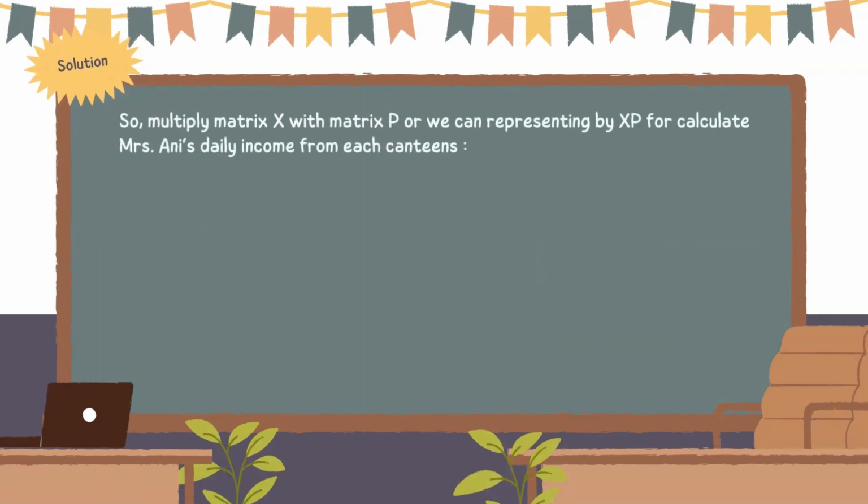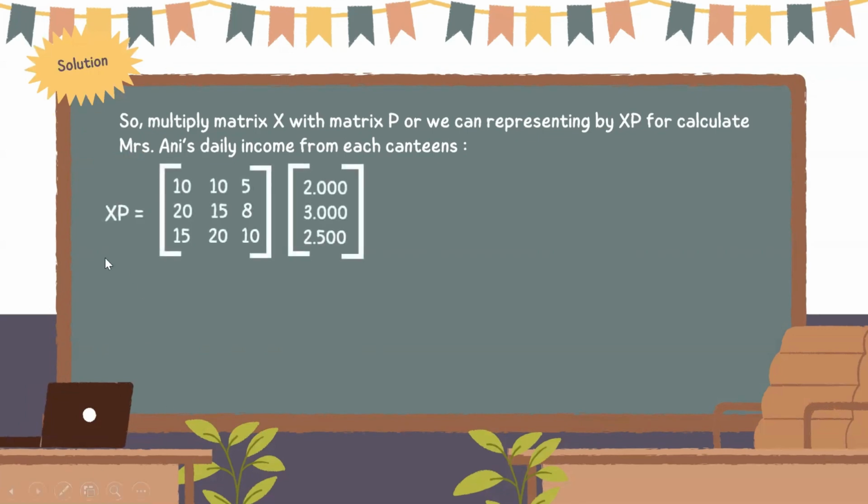So we multiply matrix X with matrix P, represented by X times P, to calculate Mrs. Annie's daily income from each canteen. So X times P equals matrix X times matrix P. Let's do the dot product.